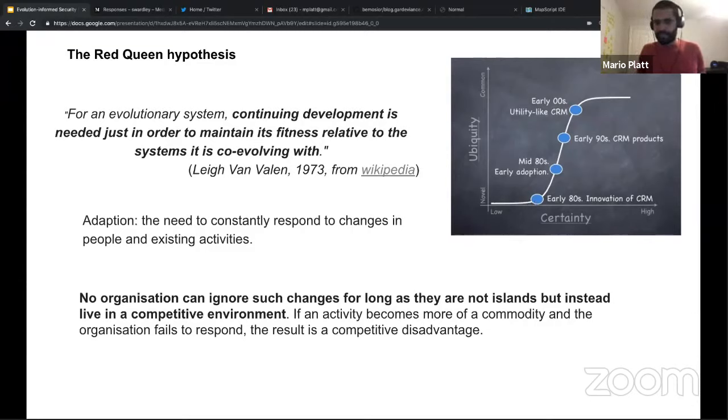In 2019, you need to have a CRM to even be in business, right? If you don't have a CRM system, you're not in business, right? So it came from something that was competitive advantage for the early adopters, that they started being more agile in how they manage their customer base, to being a cost of doing business in this day and age, right? So yeah, and that's what the Red Queen hypothesis talks about.